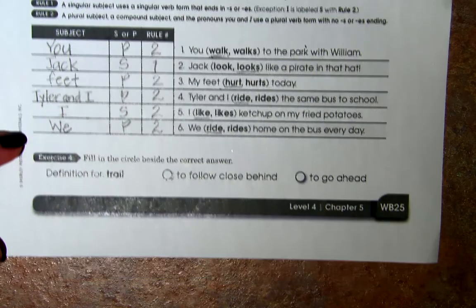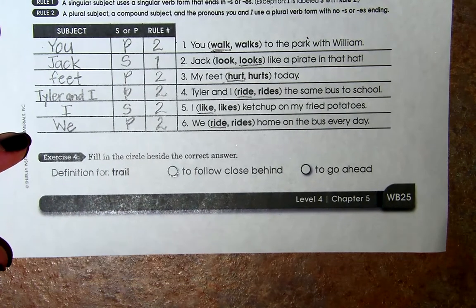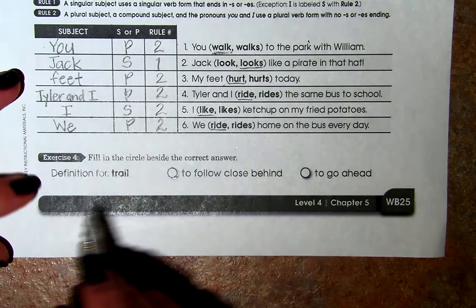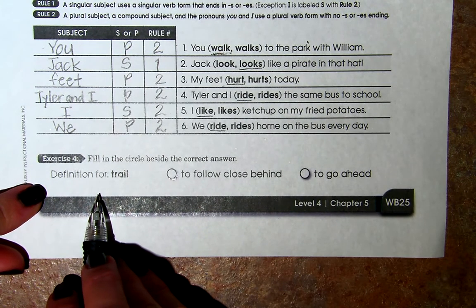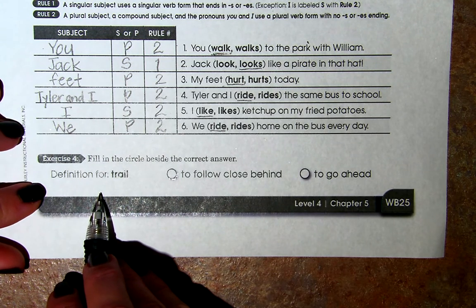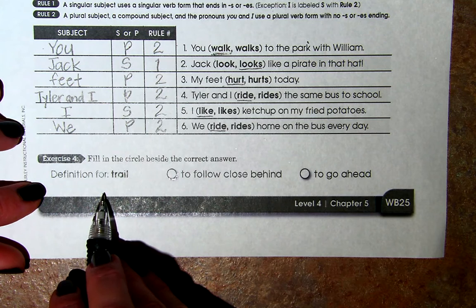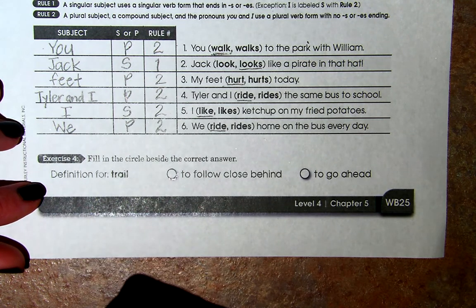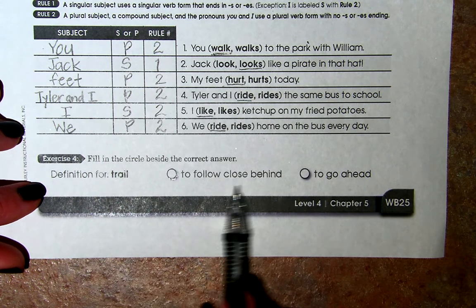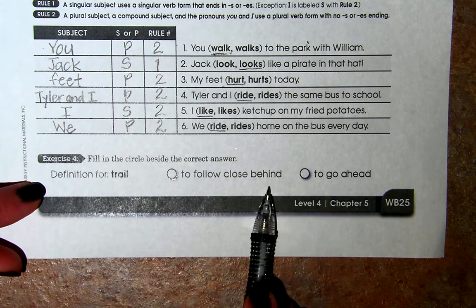Exercise 4 says fill in the circle beside the correct answer. The definition for trail, and you should have seen this in your language packet this week. It gives you this word and it tells you all about this word, and it has multiple meanings. Trail can be a noun that means a path that you follow, but we only have two choices here, two choices of definitions to choose from.